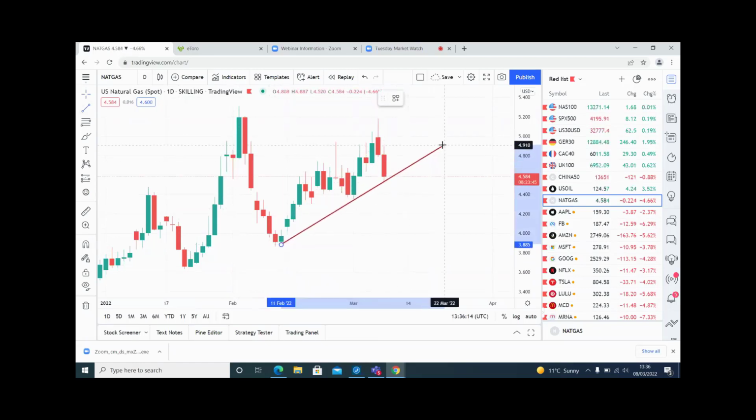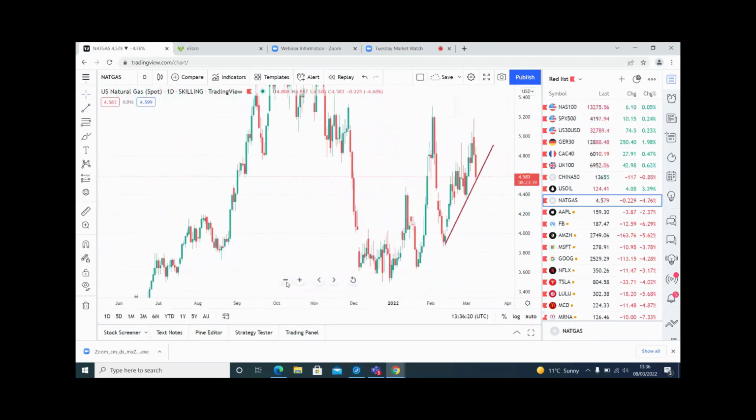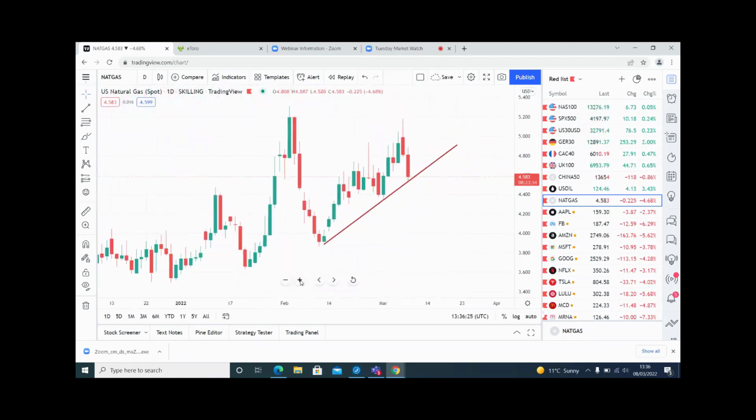Now, someone said there's also a trend line here on natural gas. Now, natural gas, is this as good a trade as the oil one on the 4 hour?